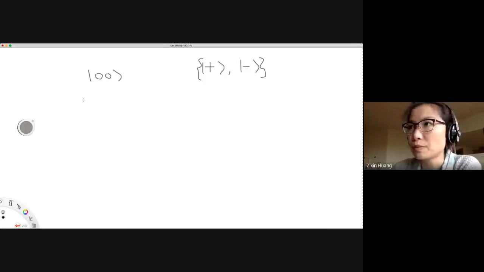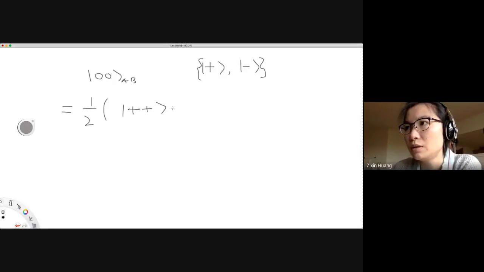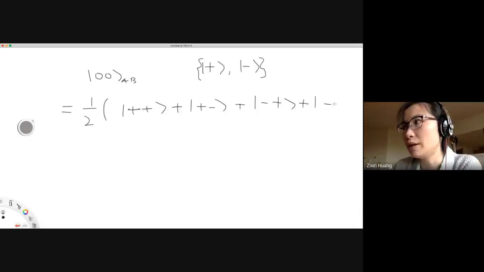So the 0, 0 state, Alice, Bob, I can write as this thing, without the square root 2: plus plus, plus minus, minus plus, minus minus.